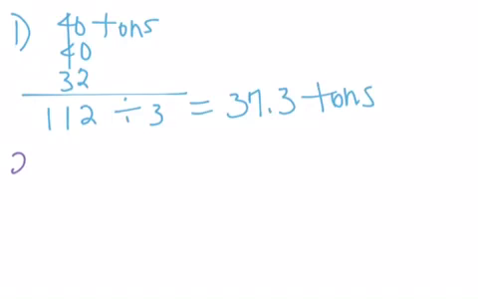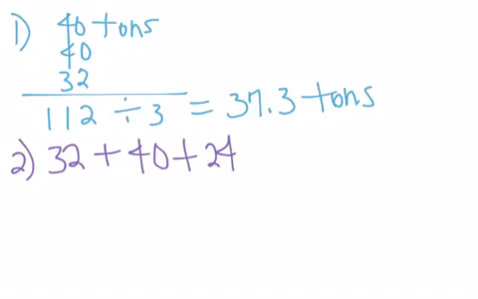Number 2 says, what was the total amount of the gravel delivered by load 2? Load 2, you're reading across the row, so you have 32 tons for week 1, plus 40 tons for week 2, plus 24 tons for week 3. So your answer is 96 tons.